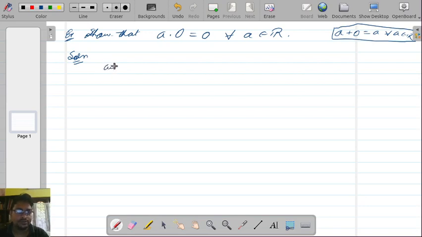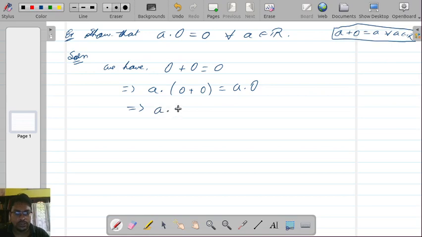So we have 0 plus 0. Okay, 0 plus 0 is equal to 0. Okay, this is by property of this 0 element. 0 plus 0 equal to 0. So from there, if I just multiply with this a, this will be a into 0 plus 0 equal to a into 0, right?